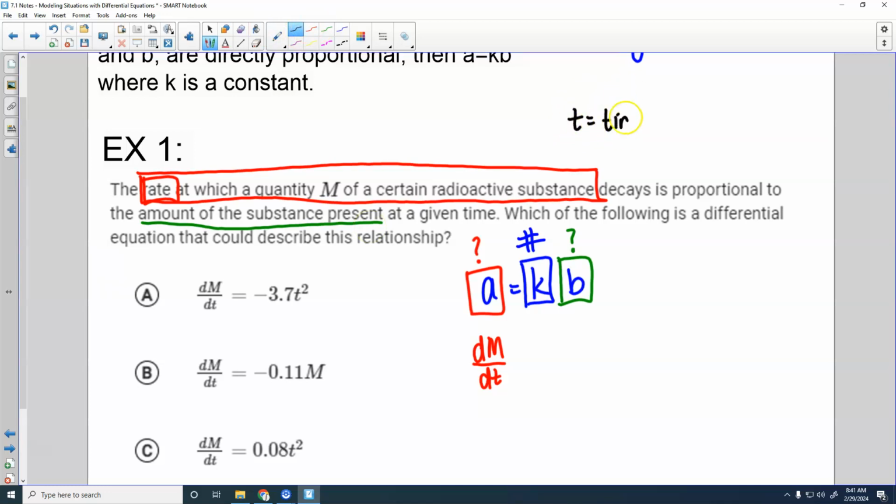Time. And what is m representing? dm dt is our rate of whatever m is. What is m? Quantity of the substance, or amount of the substance.